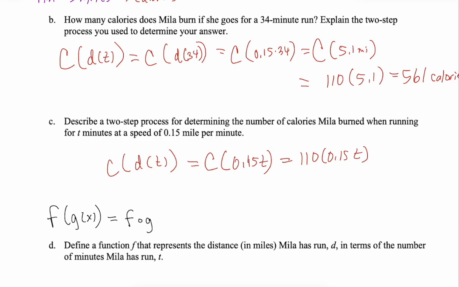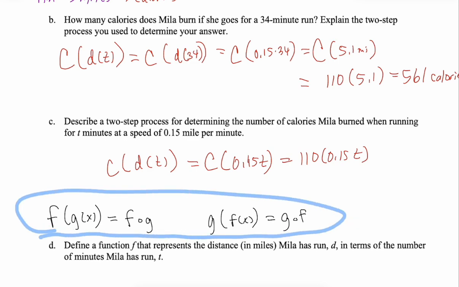So if they switch it, if they write this, the inside function always comes after the little open circle. Please, please note this somewhere in your notes. This notation is super important. The inside function always comes after the little open circle.